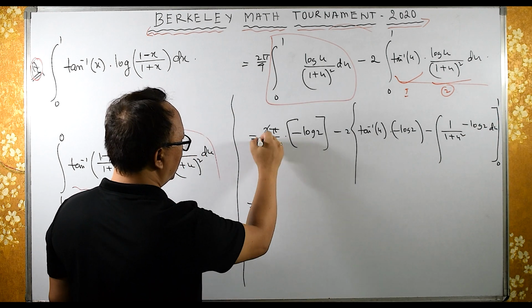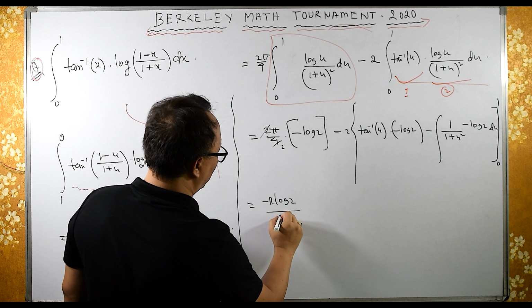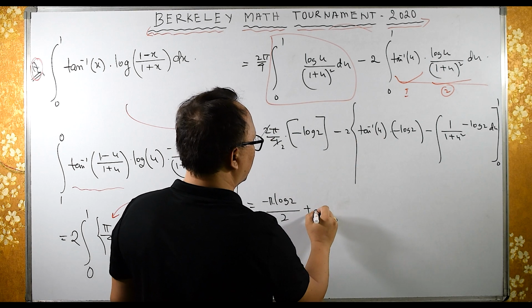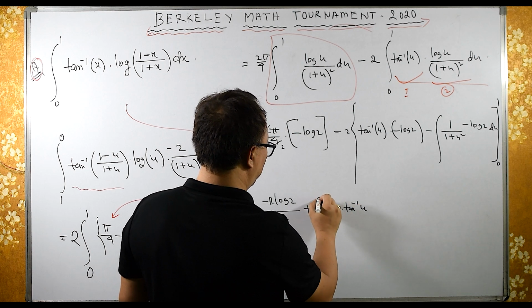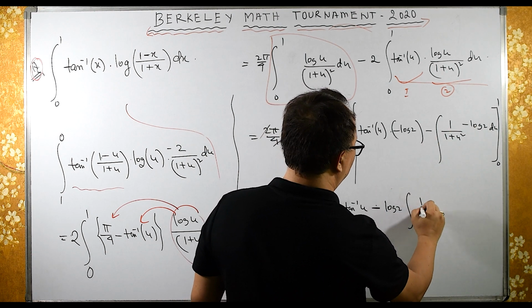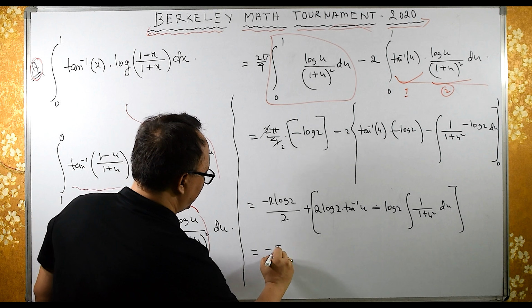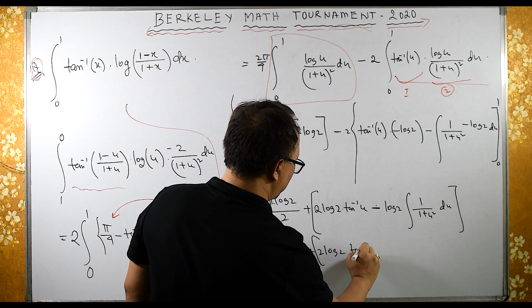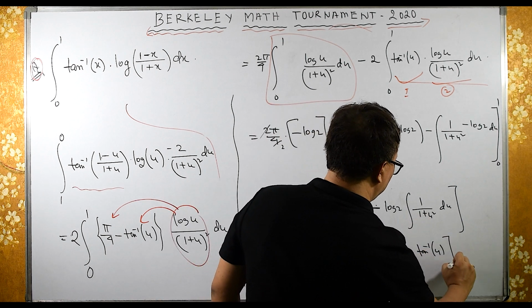Sending minus outside and simplifying, we get minus pi by 2 log 2 plus 2 log 2 tan inverse u minus log 2 tan inverse u, limits from 0 to 1.